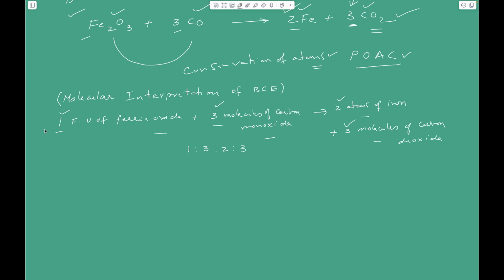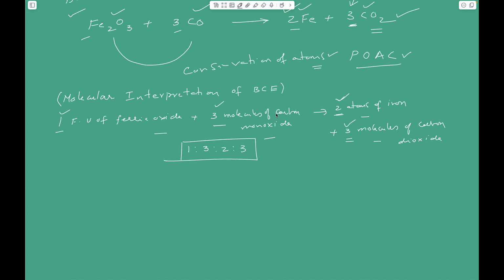This means for every formula unit of ferric oxide that you took, there must be 3 molecules of carbon monoxide, and in that process you will always get 2 atoms of iron and 3 molecules of carbon dioxide. So that is the relationship these stoichiometric coefficients tell us.